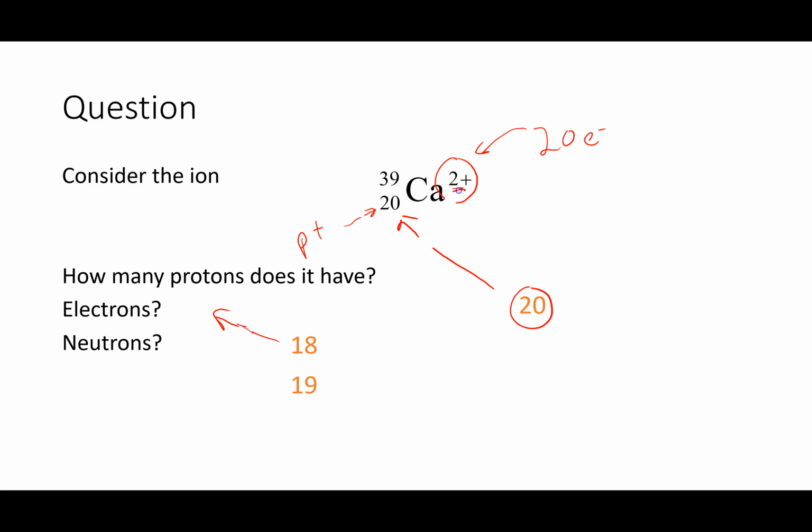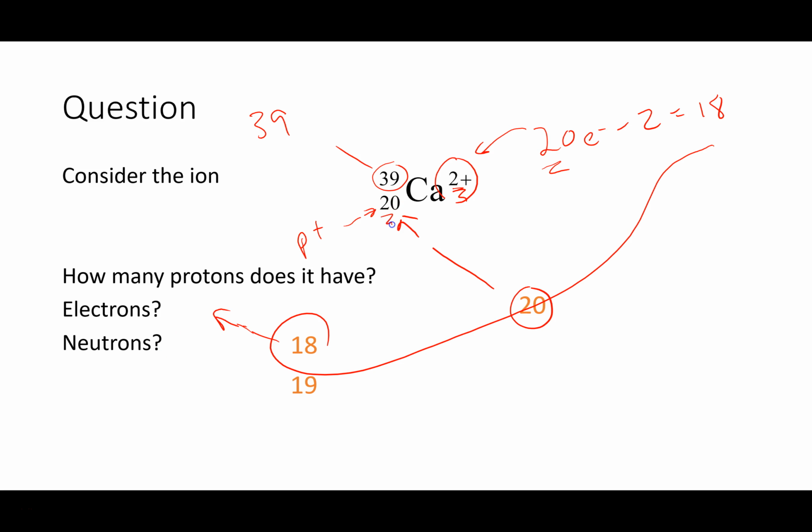But it's a +2, so that means it has 2 fewer electrons, 20 minus 2, and that's where this 18 came from. Number of neutrons came from taking the mass number, 39, and from that subtracting the number of protons, to give you 19.